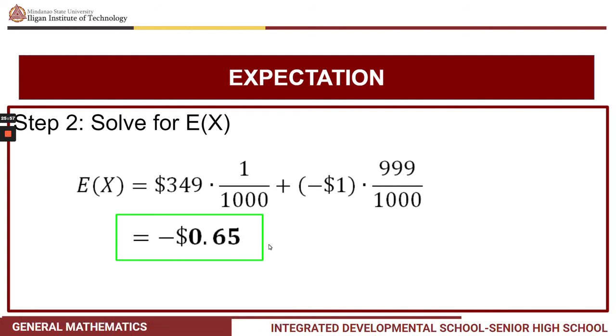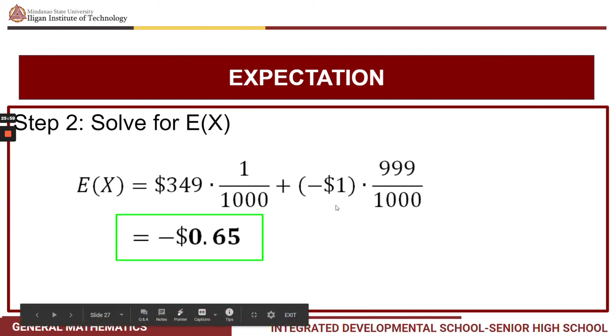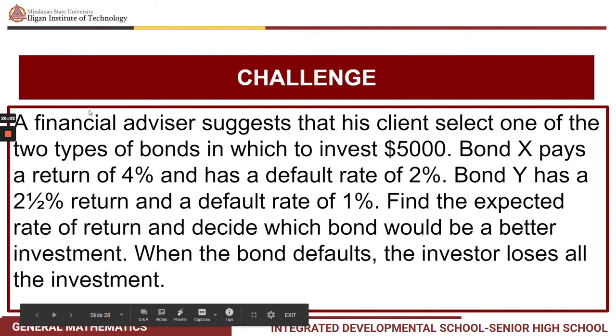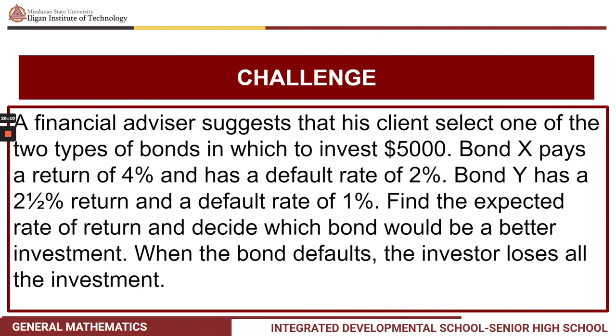Okay? So, try this challenge. A financial advisor suggests that his client select one of the two types of bonds in which to invest $5,000. Bond X pays a return of 4% and has a default rate of 2%.